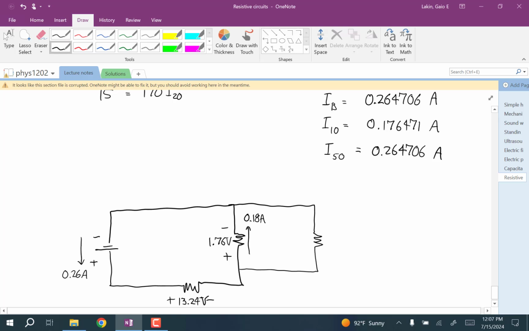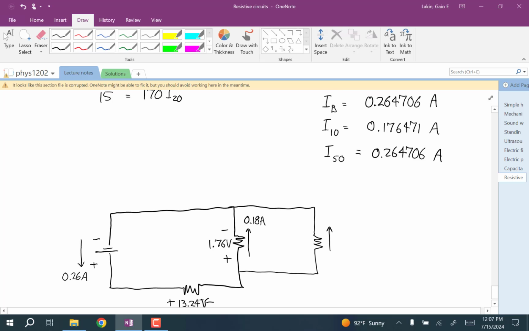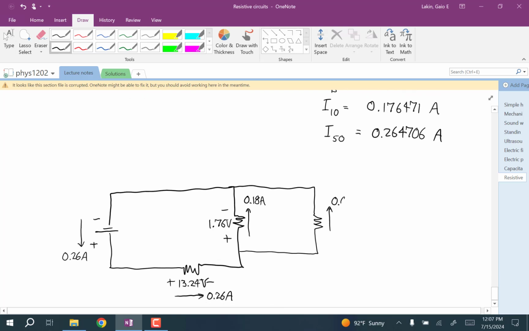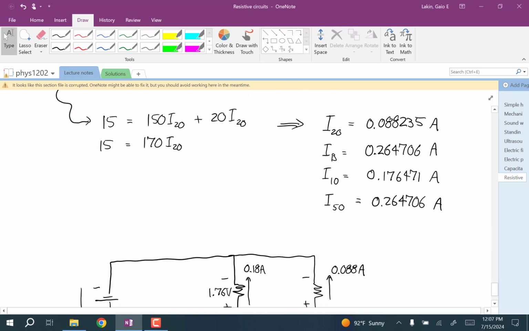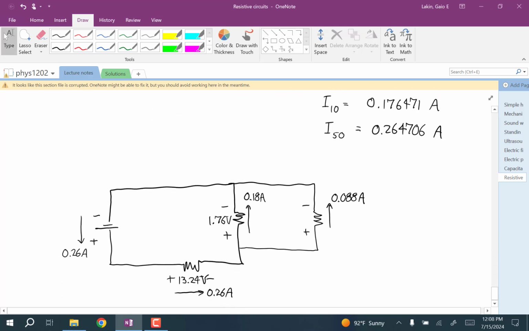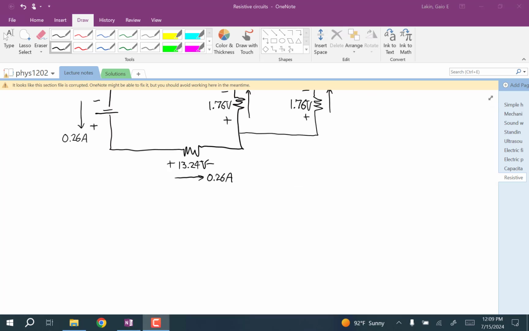And then the last one, we have a current going this way of 0.088. And the voltage has the polarity we guessed. And the voltage is the current times 20. And so this is also 1.76 volts. Now I'm going to do an example where I guessed the direction wrong.